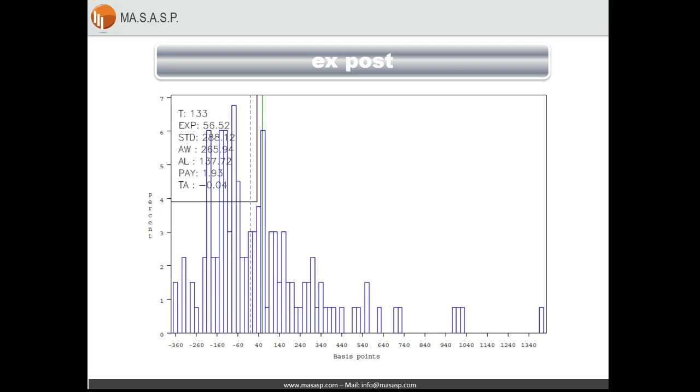Nonetheless, what we have plotted here is just the profit and losses distribution of the predictive model, because the performance metrics we are interested in are just those of the full-featured trading system. The application of the loss limitation policy is apparent in this chart because the biggest loss has dropped from minus 640 basis points to minus 360 basis points.